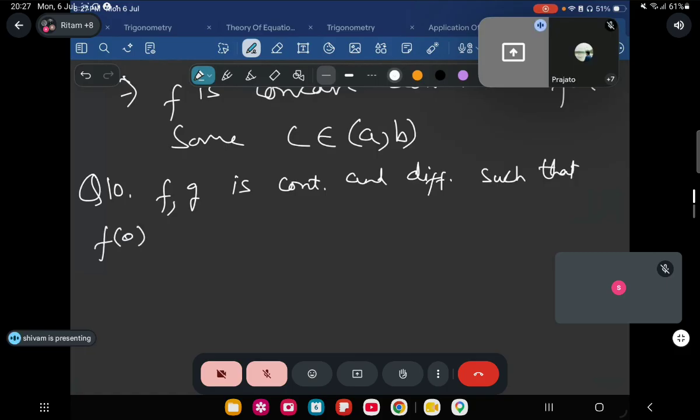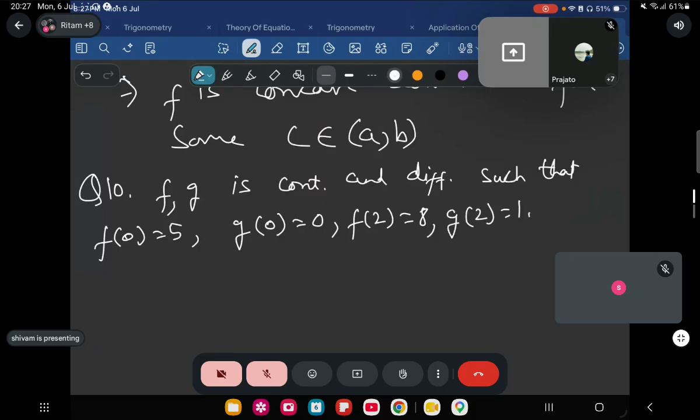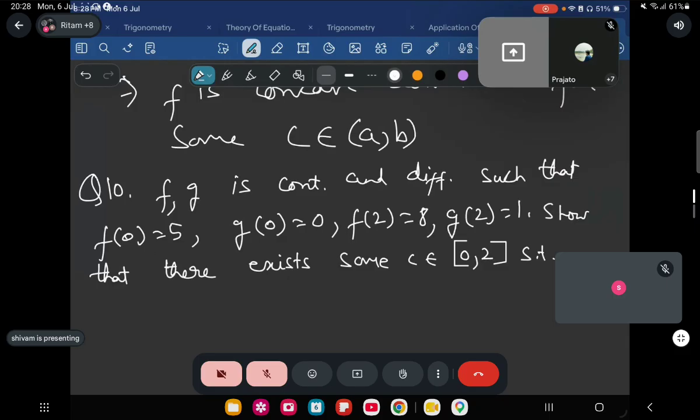f, g is continuous and differentiable such that f of 0 is equal to 5, g of 0 is equal to 0, f of 2 is equal to 8, g of 2 is equal to 1. Show that there exists some c belongs to [0, 2] such that f dash c is equal to 3 into g dash c.